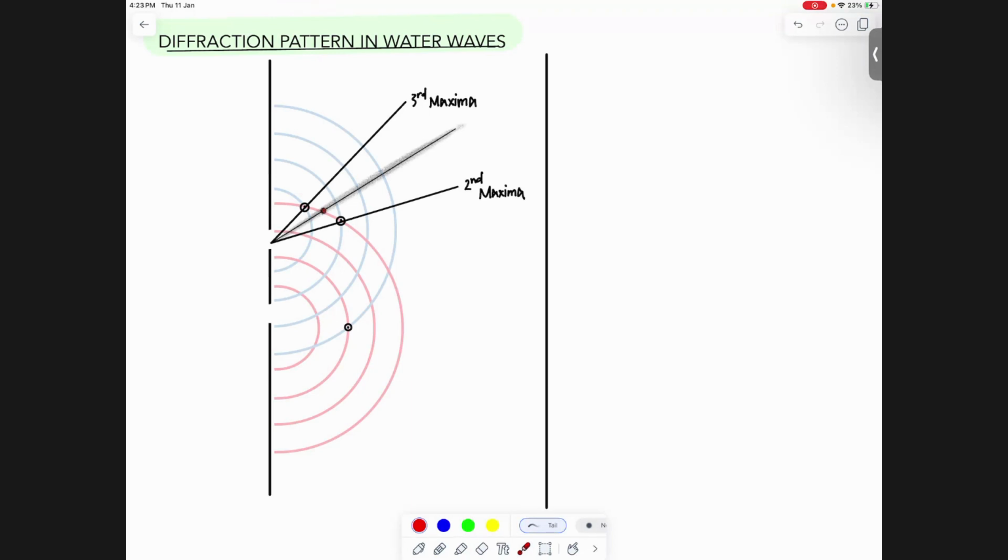Actually, it depends on the point. For example, if I took this point, like the one on the bottom here, how many waves would be from the blue source? 1, 2, and 3. 3 from the blue source, but 1.5 from the red source.